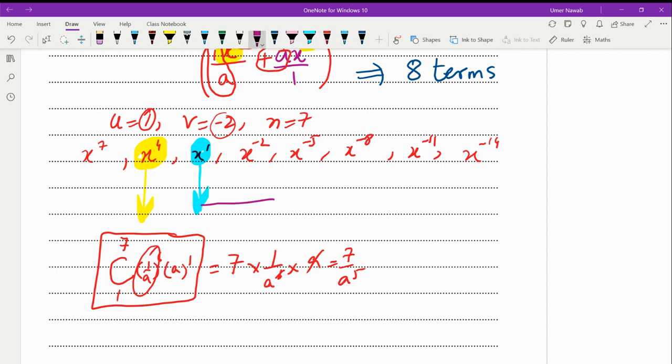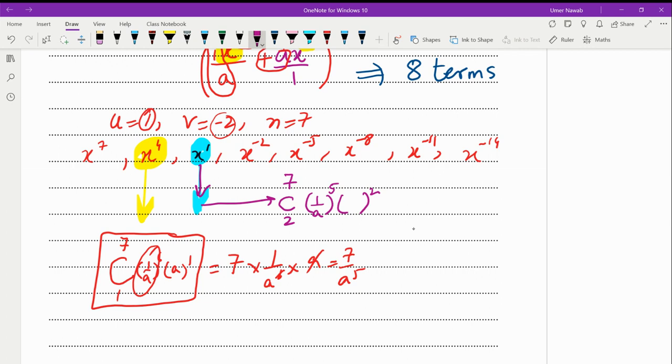Can you try the coefficient of x^1, which is the third term? How do you write the binomial coefficient? 7c0, 7c1, 7c2. You remember we have to write the two brackets. 7 minus 2, come on, it is 5. Whatever you see here, 2, you need to copy it. What is the coefficient of the first term? It is 1 over a.